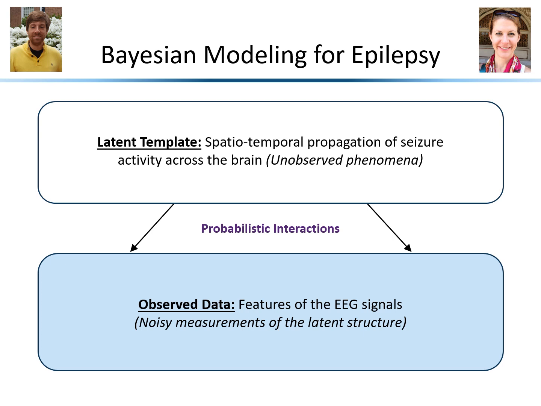These are really noisy observations that provide some glimpse of what is going on in terms of the seizure propagation. Mathematically, these two layers are tied with probabilistic models or probability distributions, and that allows us to propagate information from the data observations back to the latent structure.